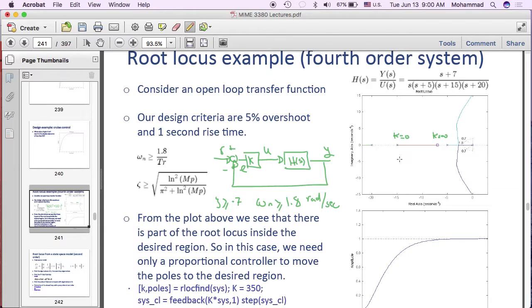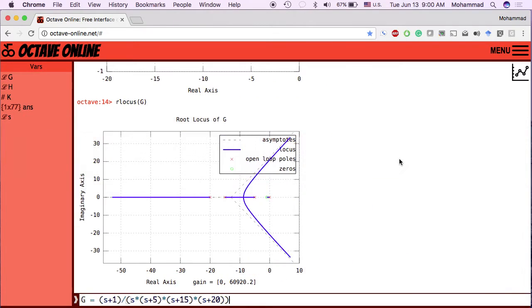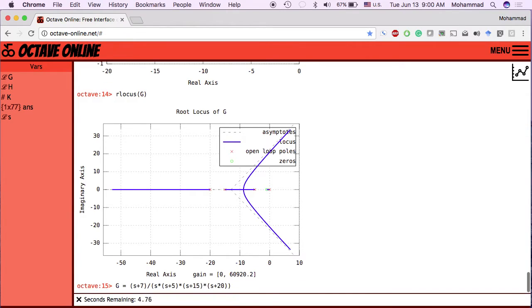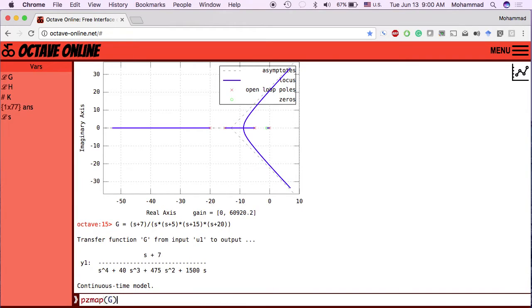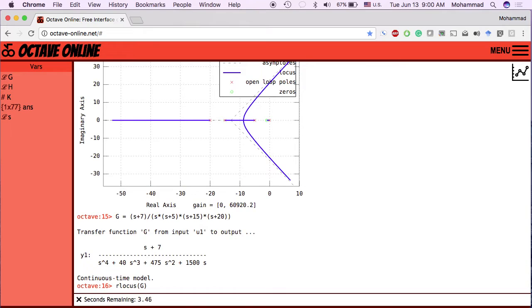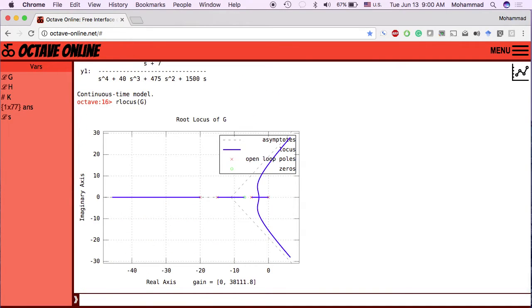Now it should work. Okay, now I have 4 poles: 0, minus 5, minus 7 for zeros, and it's okay here. So let me make sure it is okay here. Yes, so there are 4 branches. And this needs to be 7. I have this typo, so let's correct that. Yes.